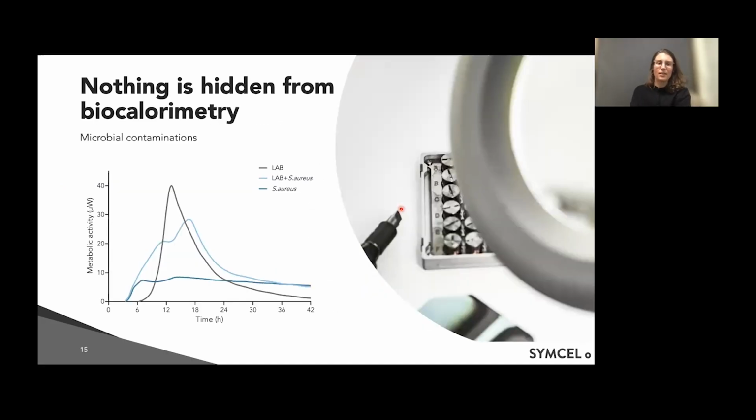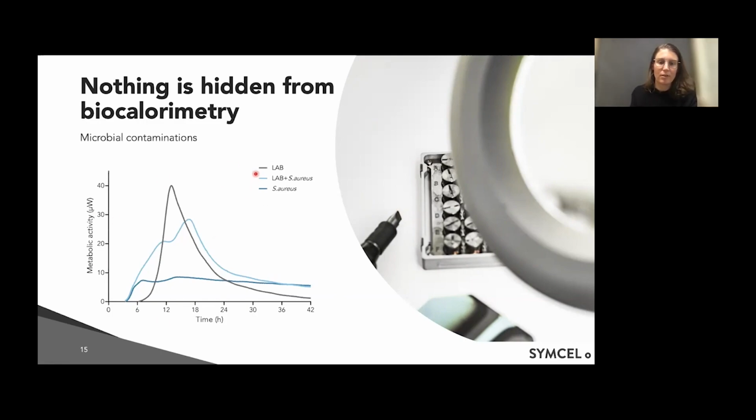And again, nothing is hidden from biocalorimetry, so this method can also help you to easily and fast detect microbial contaminations. So again, on the basis of that, you have a metabolic fingerprint that is unique to the species and the medium condition. You can easily detect that, and that is shown here on the graph.